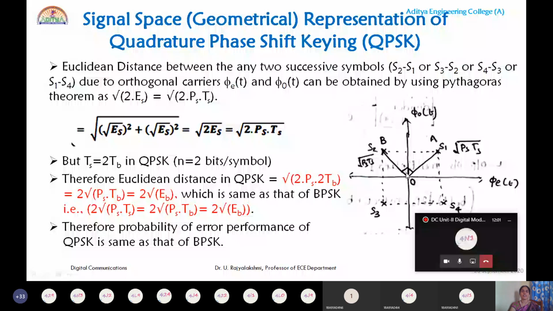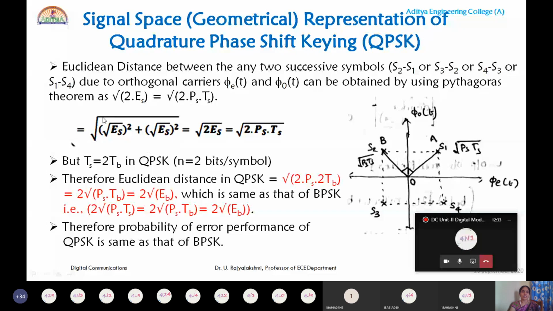It is 90 degrees. So using Pythagoras theorem, you can calculate the distance between S1, S2 as AB, which is root of OB. The magnitude of phi(t) is root(Ps Ts), and phi_o(t) of symbol S2 is also the same, that is root(Ps Ts).